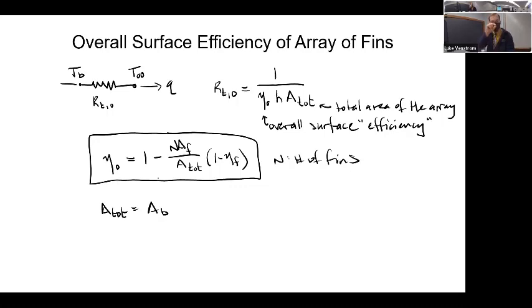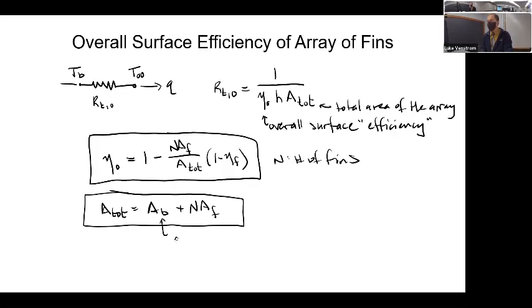So this is like the spaces between the fins. And we add up all of the surface area associated with the fins. Okay. So this is the area on the surface between the fins.